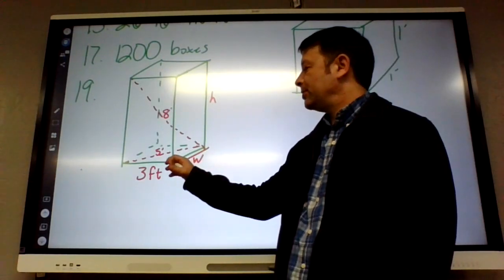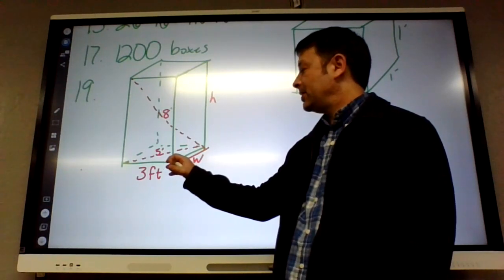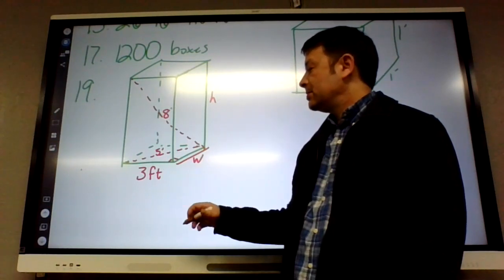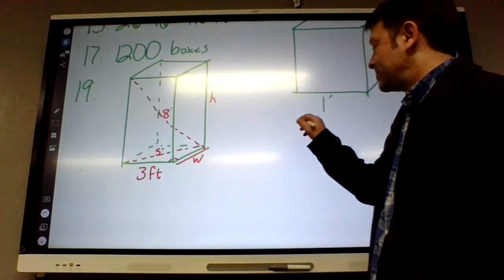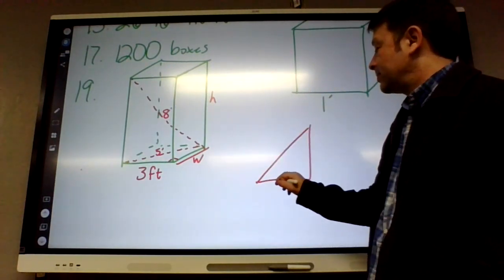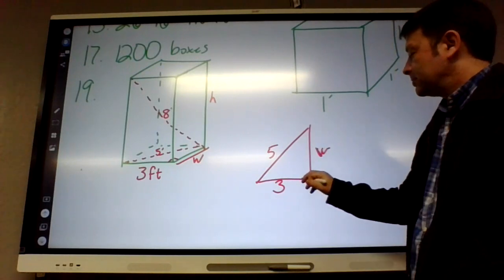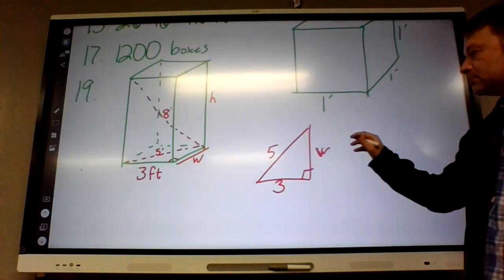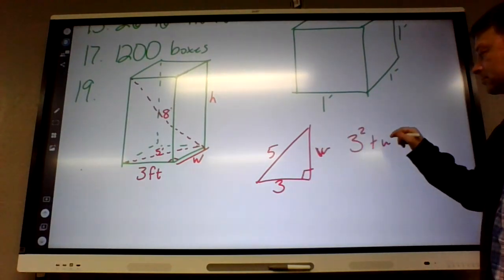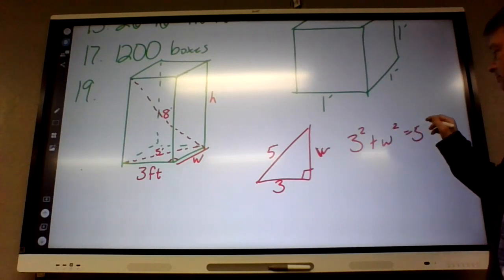This corner has to be a 90-degree angle, right? So we can use Pythagorean. It's a right triangle, basically a 3, blank, 5 triangle. 3 squared plus W squared equals 5 squared.